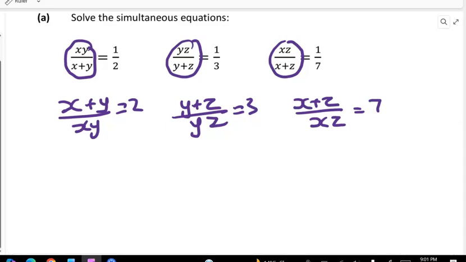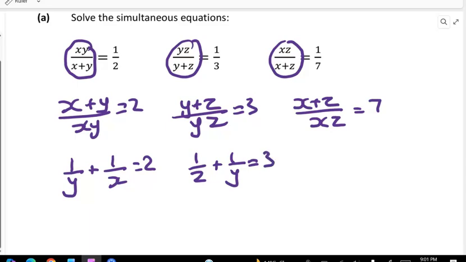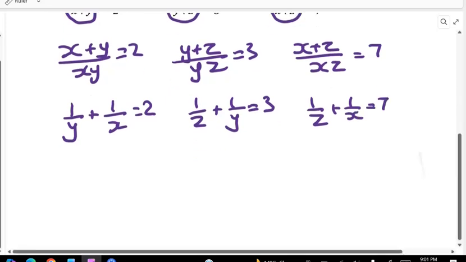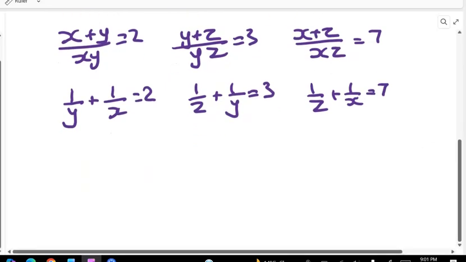So x over xy is 1 over y, and y over xy is 1 over x. Now we get 1 over z plus 1 over y is equal to 3, and here we get 1 over z plus 1 over x is equal to 7. So this is looking dramatically easier.